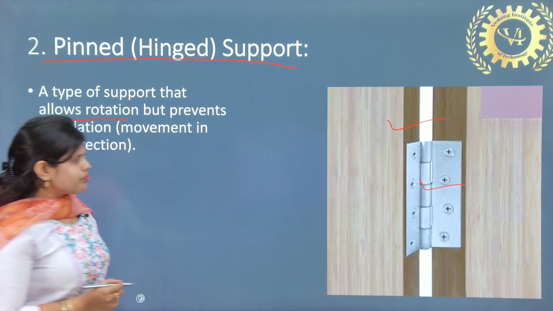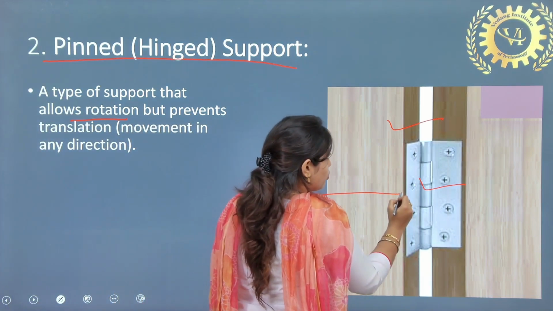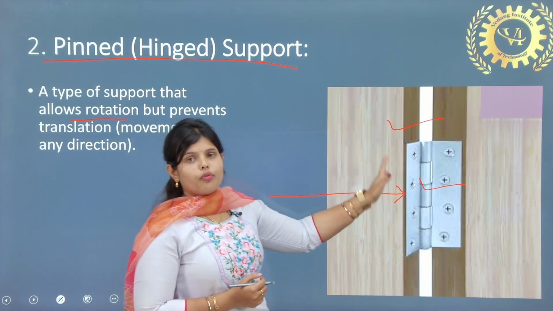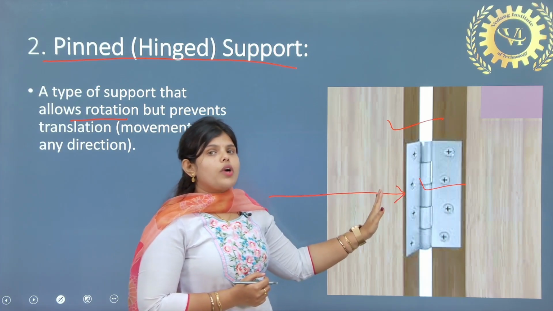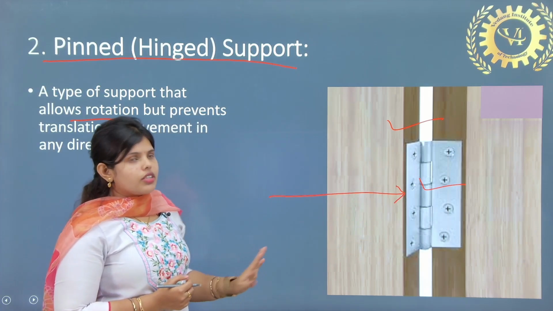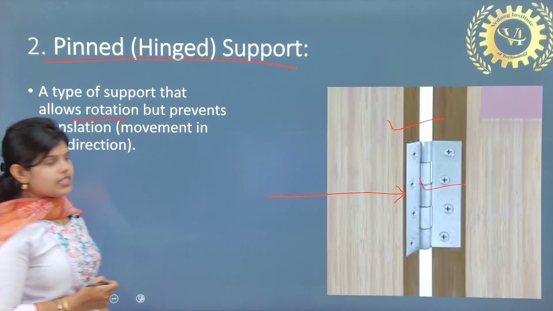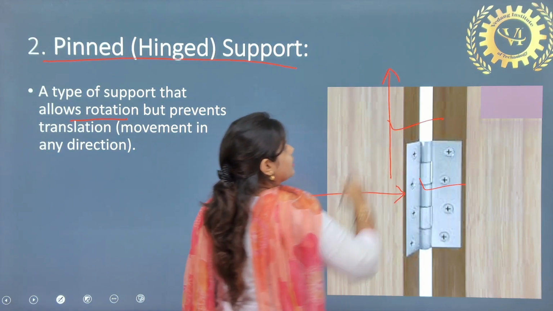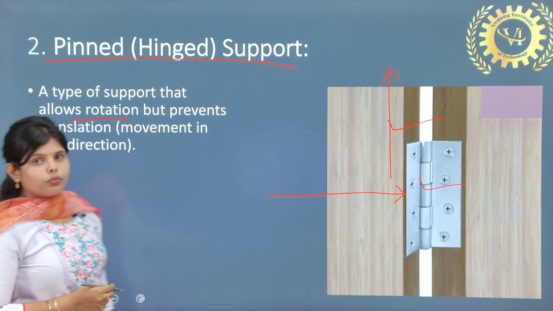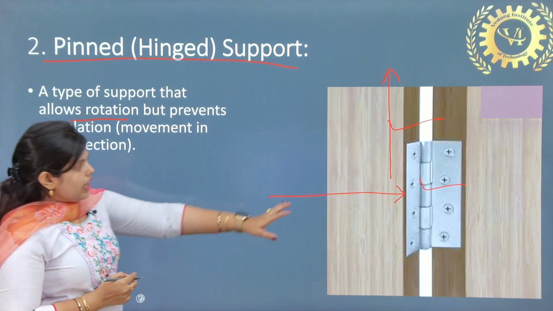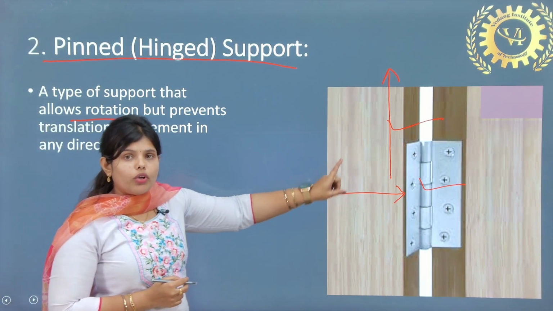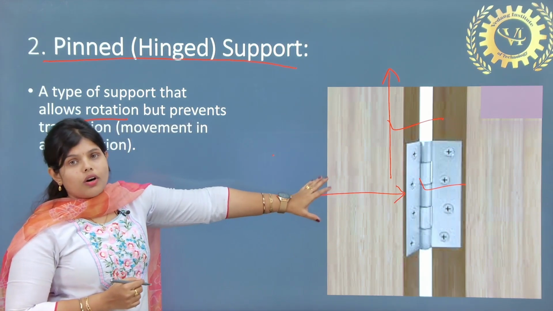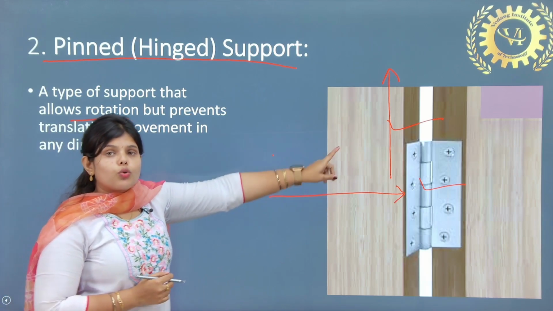But if I try to move the fixed end of a door from one place to another place, is that possible? This is not possible. Or if I try to move this vertically, is that possible? No. So it gives reaction in two directions.